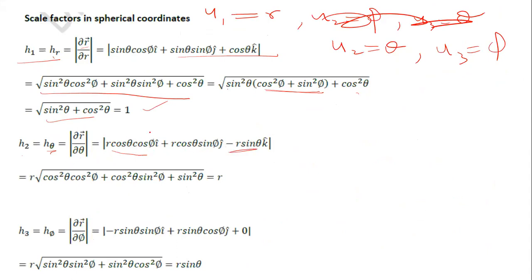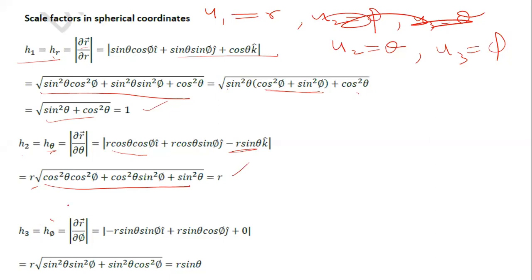This is simple differentiation. So if you do this algebra, when you take the magnitude, r square will be a common factor. You take it out of the square root, it is r. And if you simplify this using trigonometry again, this will be r.